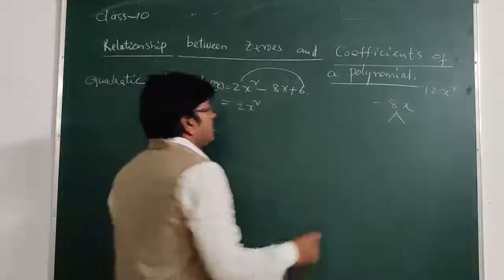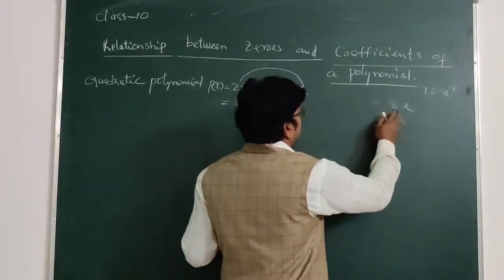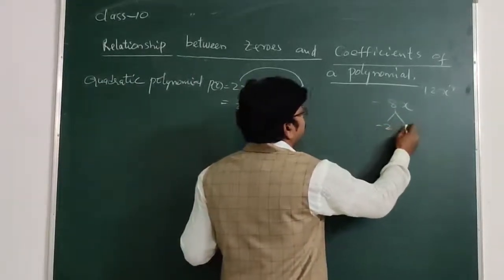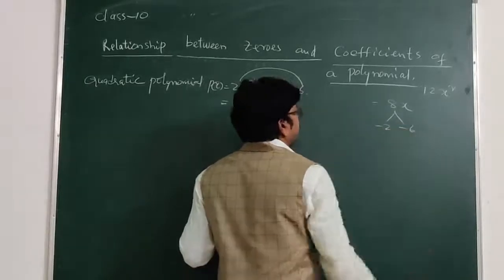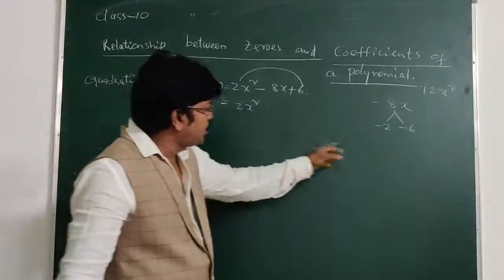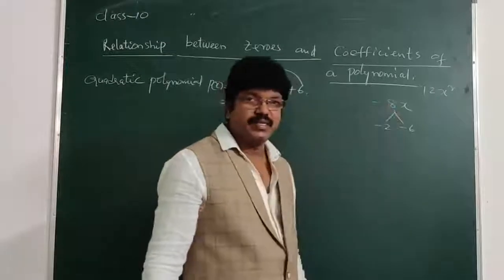Minus 2 and minus 6: if we add minus 2 and minus 6, we get minus 8.